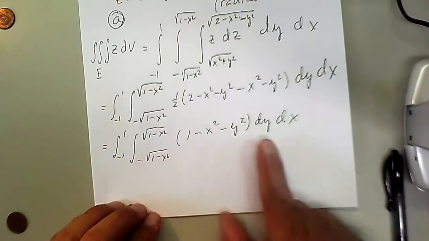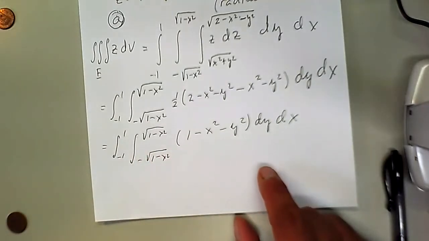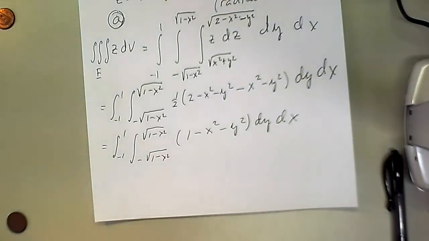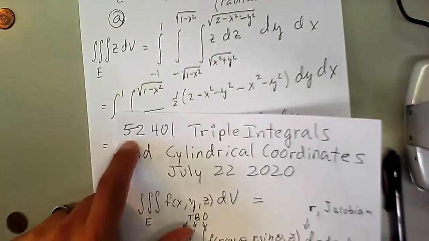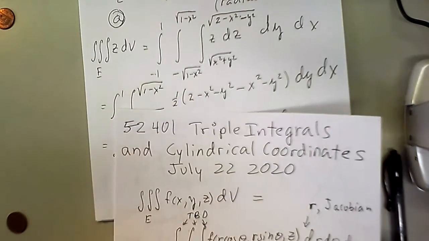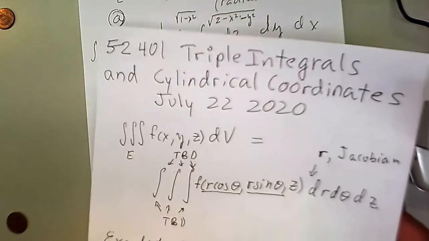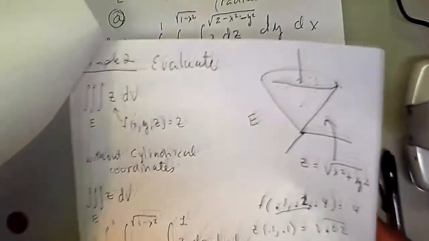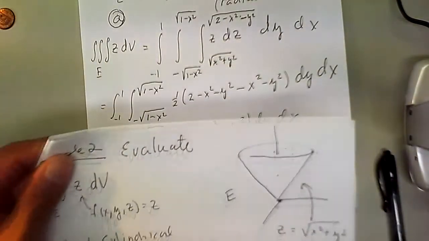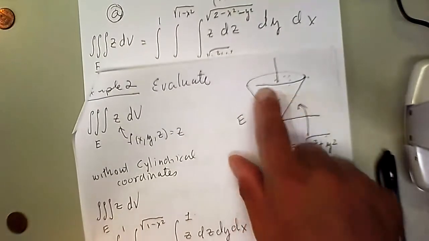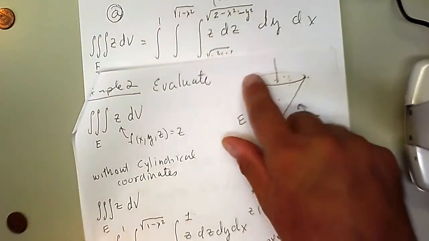Now, this looks very, very familiar. In the video 52401, there it is. We did the cone without the ice cream, without the top.